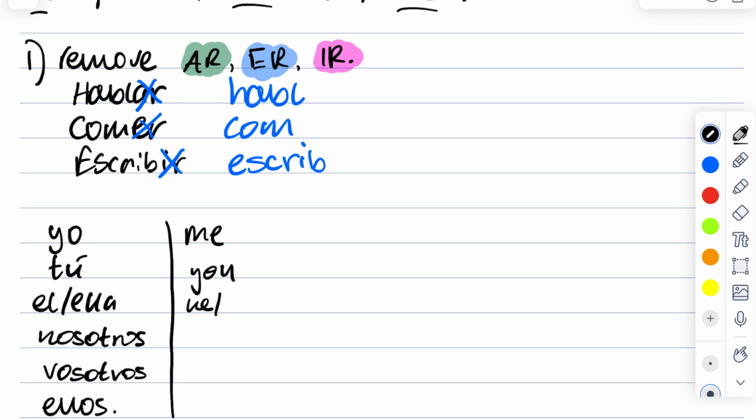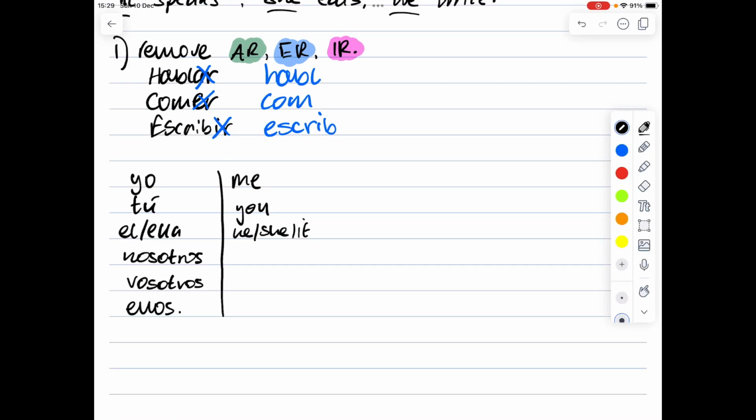Él, ella is he, she, and it. Okay. So he, she, it. The ending for él, ella will also apply to it. Nosotros is we. Vosotros is you, plural. Or the easiest way to remember is like the Americans say y'all. And then ellos is them. And the ending is different depending on who's doing it.